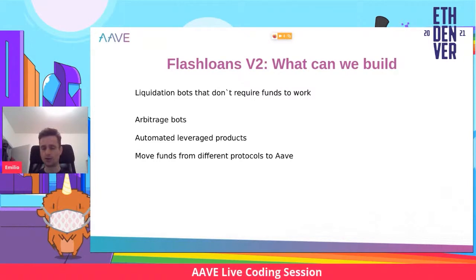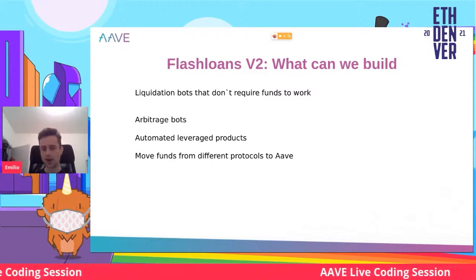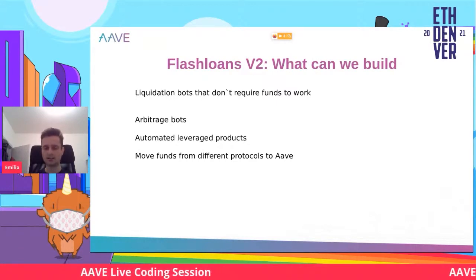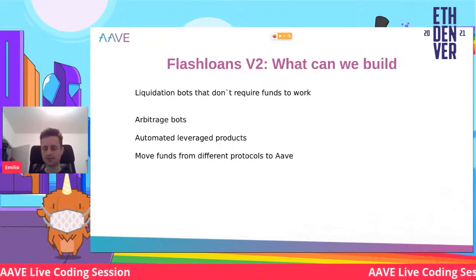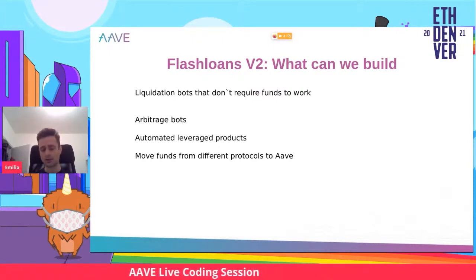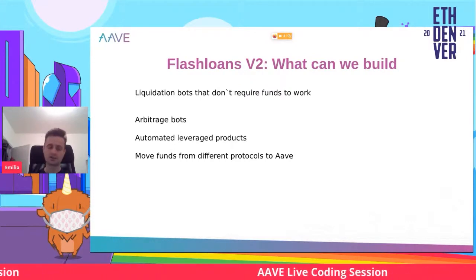It's a small fee that you need to pay on AAVE. Some other protocols have it for free, where you just need to return one wei more. On AAVE, the fee is, if I remember correctly, 9 BPS. In Uniswap, it's 30 BPS for a swap. So what you need to do is use this capital, and as long as the transaction is profitable, the transaction will succeed.